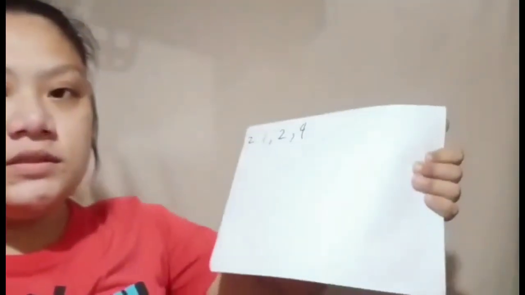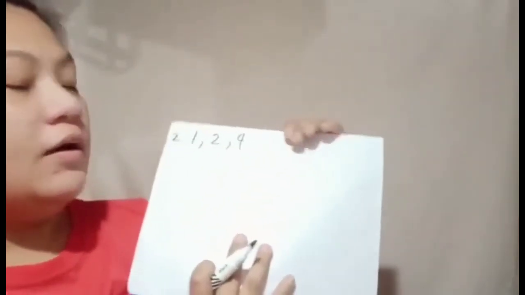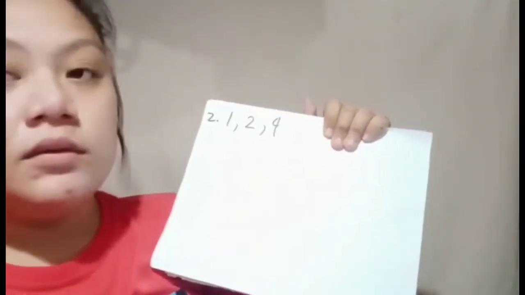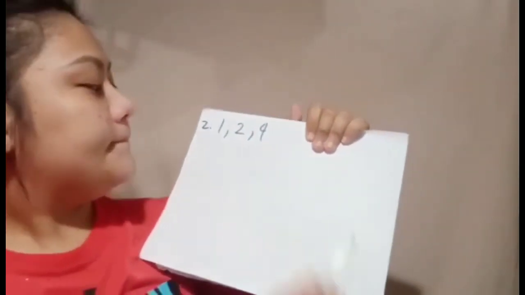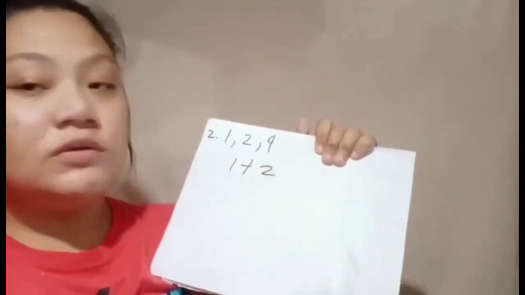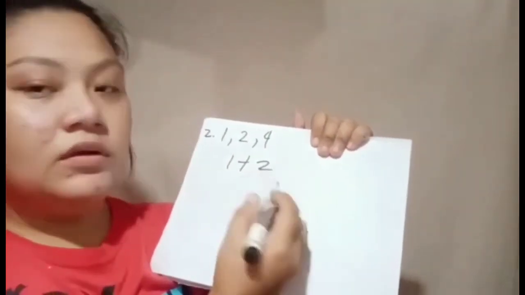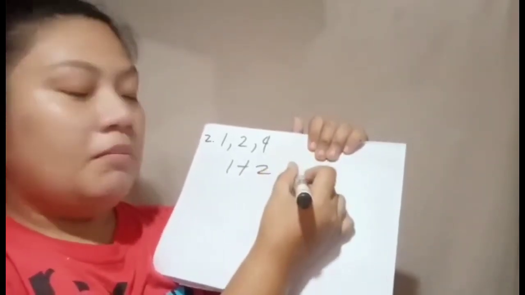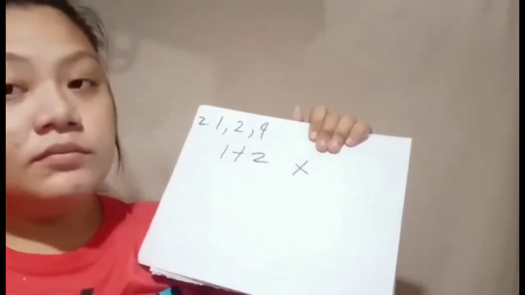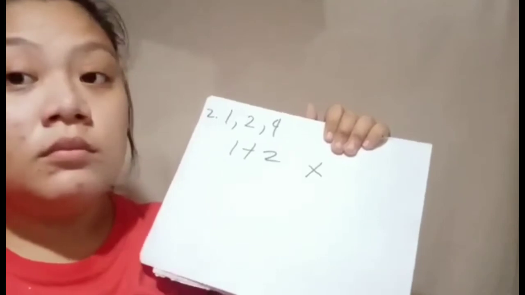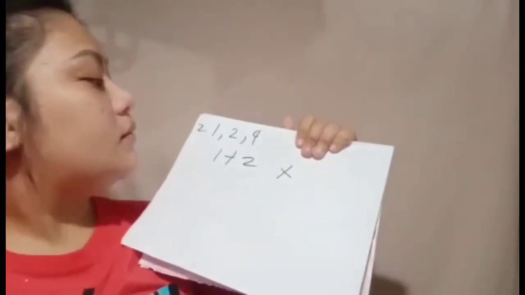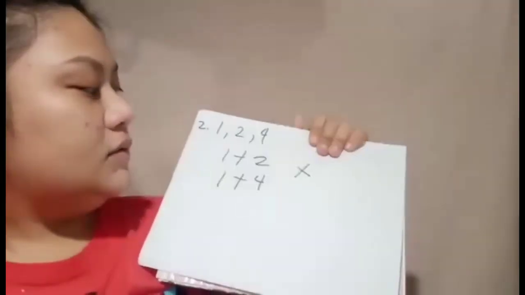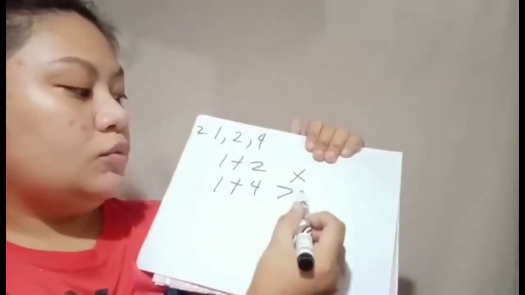Next example is, kung makakabuo tayo ng triangle sa 1, 2, and 4. Gagaya lang natin yung mga given na kanina. 1 plus 2 is 3. So, hindi siya greater than 4. Kaya, mali tong number 1. Pero, i-compute pa rin natin kung yung iba ay pwede. 1 plus 4 is greater than 2.